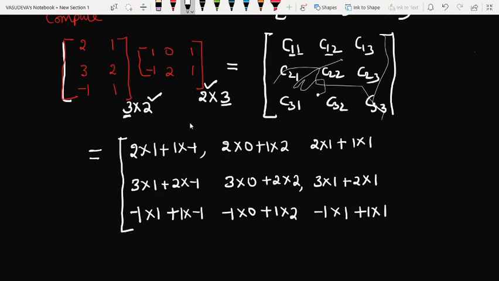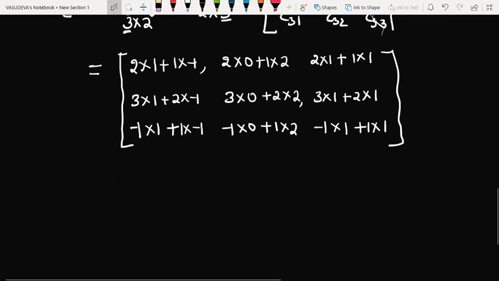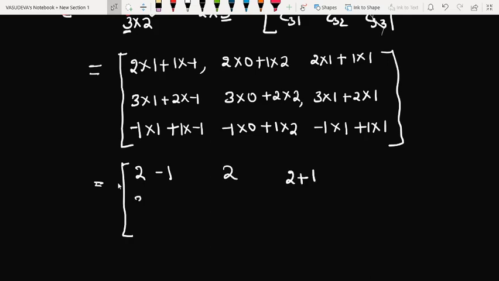Okay, so now simplifying this: 2 minus 1, 2 into 0 is 0, 1 into 2 is 2, so 2 plus 1, 3 minus 2, 2 into 2 is 4, 3 plus 2, minus 1 minus 1, minus 1 into 0 is 0, and this is 2, and minus 1 plus 1.